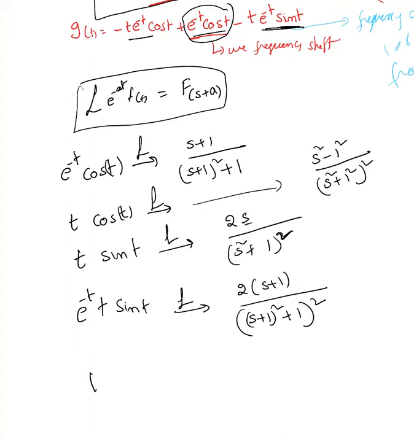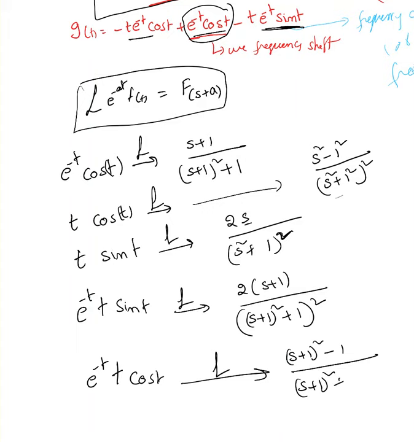And the same way when it comes to cos t, e to the power of minus t times t cos t. The Laplace transformation of this, here is t times cos t, now I'm going to replace wherever you see s with s plus 1: s plus 1 whole square minus 1 divided by s plus 1 whole square plus 1 square whole square.